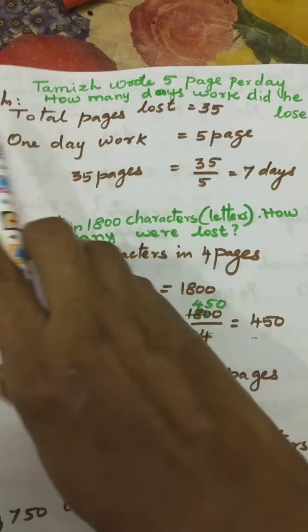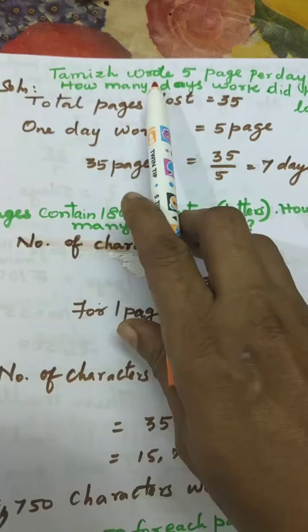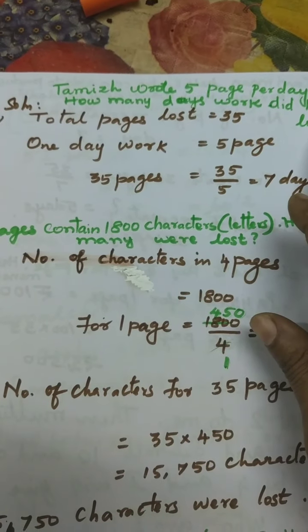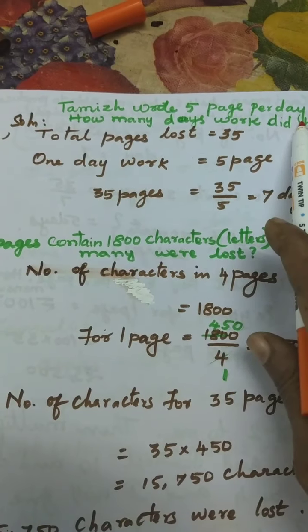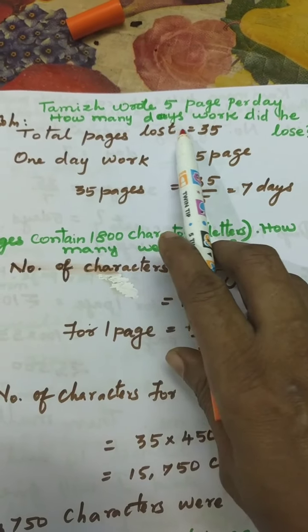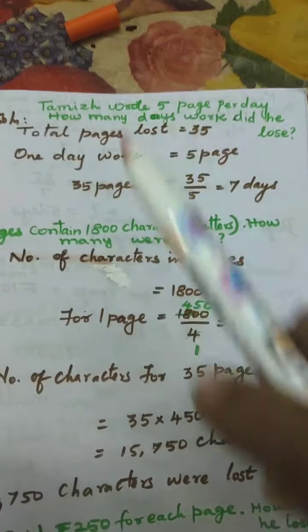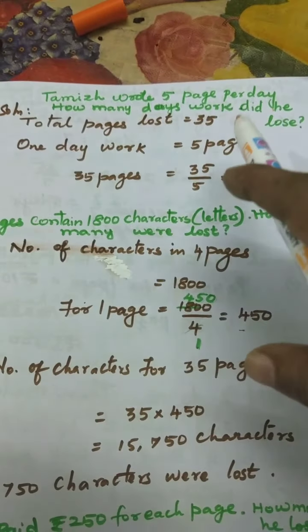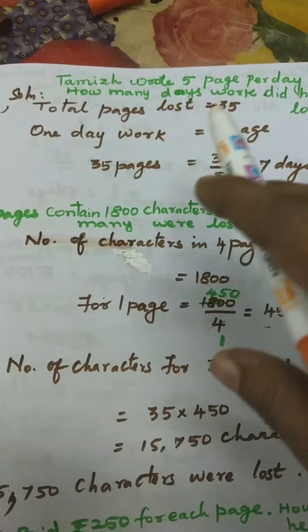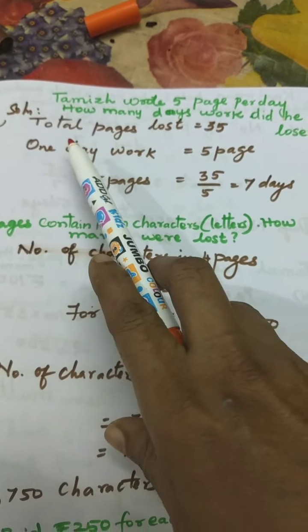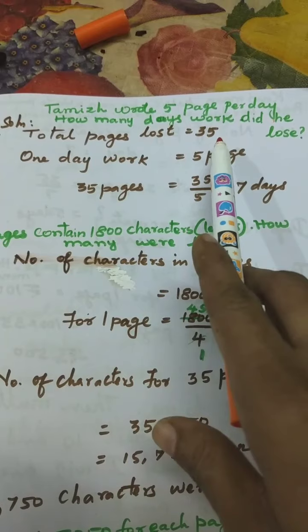In that, first question is Tamil wrote 5 pages per day. Then how many days did he lose? Okay. Per day he wrote lyrics for 5 pages. Now total 35 pages he lost.